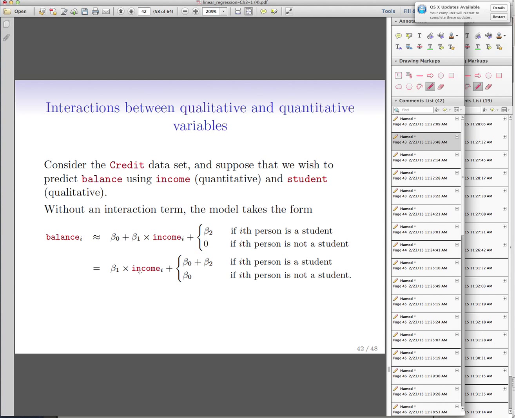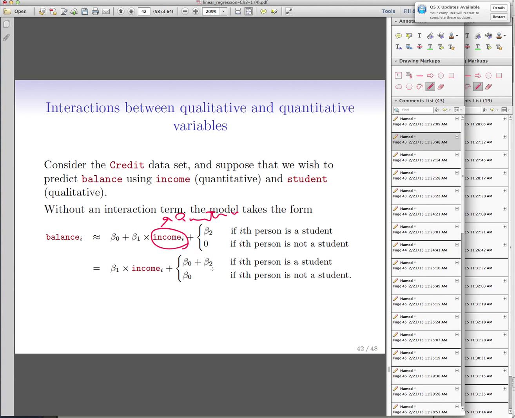Now let's see how interaction effect works if we have one quantitative variable and one qualitative variable. So let's say we have income as one of our predictors, that is a quantitative variable. And we have another variable which is qualitative, let's say studentship. So studentship takes a value of 1 when you are a student, and you get 0 when you're not.